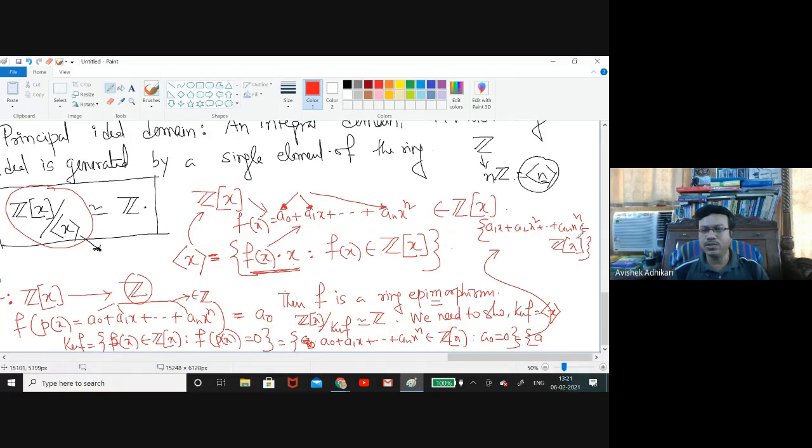You can take x common, and that is nothing but the ideal generated by x. So you proved that this is your kernel, and if you substitute this in the first isomorphism theorem, you will get the answer. So now you can understand that Z[x] quotient by x is isomorphic to Z.